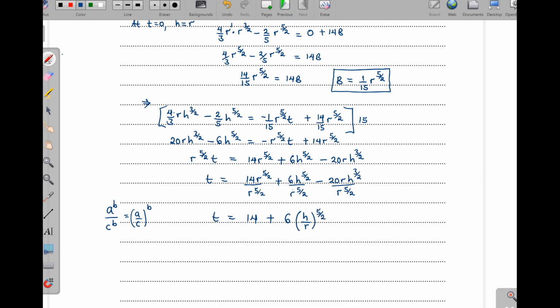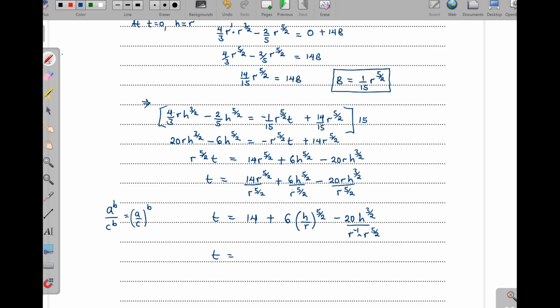Okay, then how about here? Let me first simplify this one here, minus 20 r, and then this one. So we are having r. I can take this one down, and then we have something like 20, then h power 3 over 2, then divide by r power negative 1, then times r power 5 over 2.